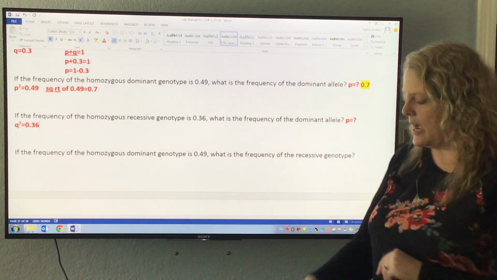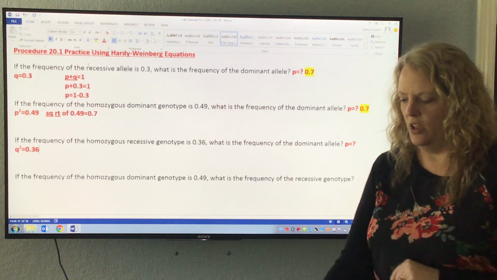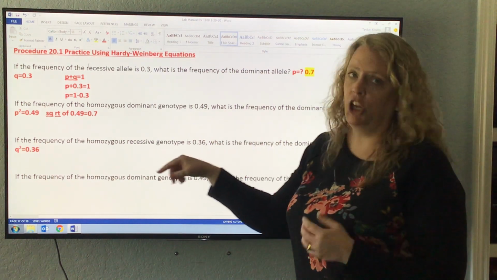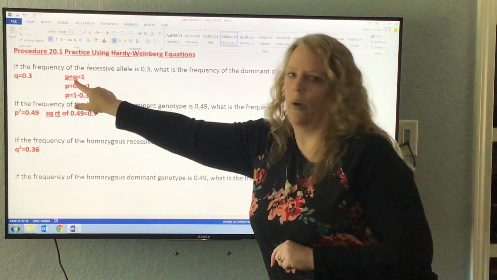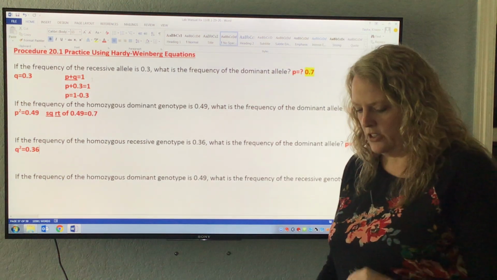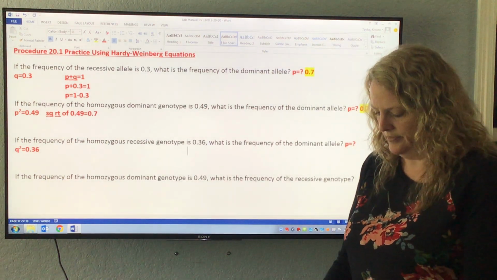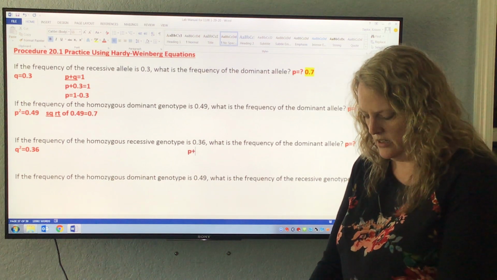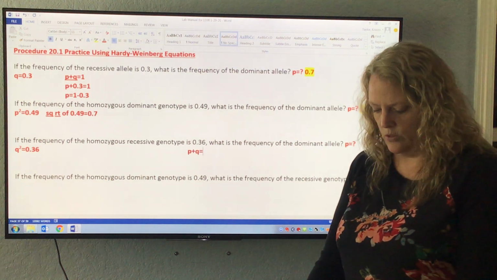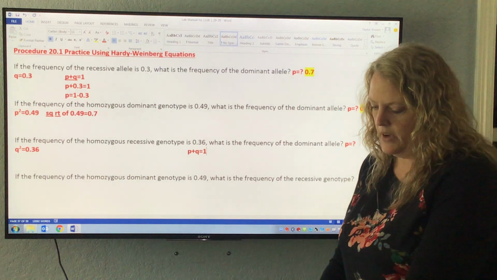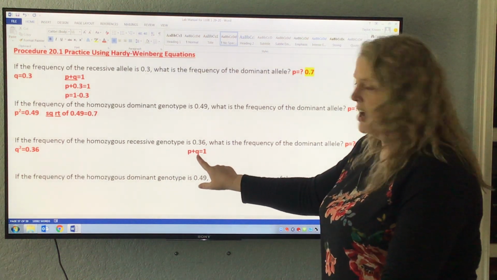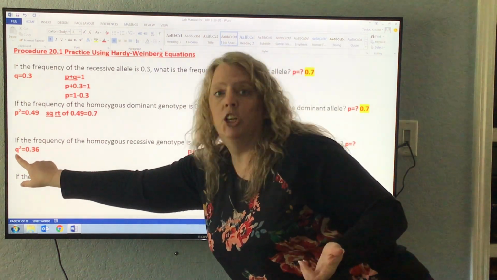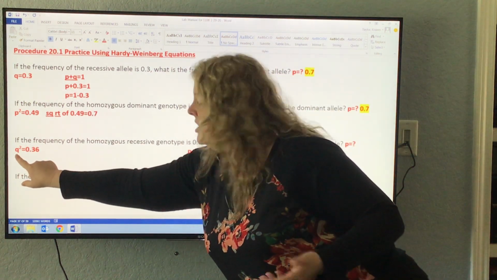Now we already established up here that to solve for P, when you have the letter Q, you use this equation: P plus Q equals 1. But my problem here is that I want Q, but I'm given Q squared.